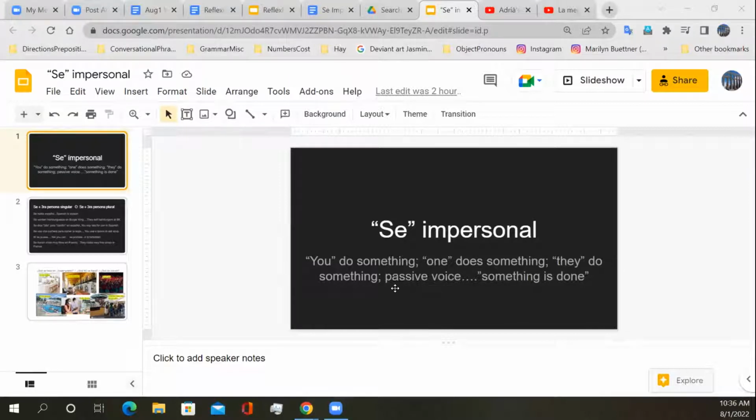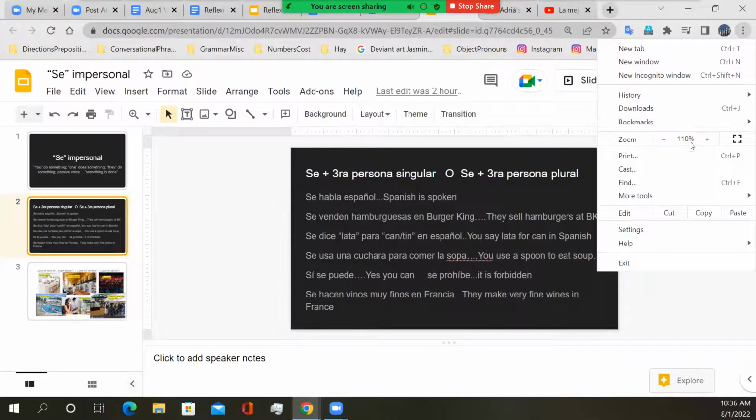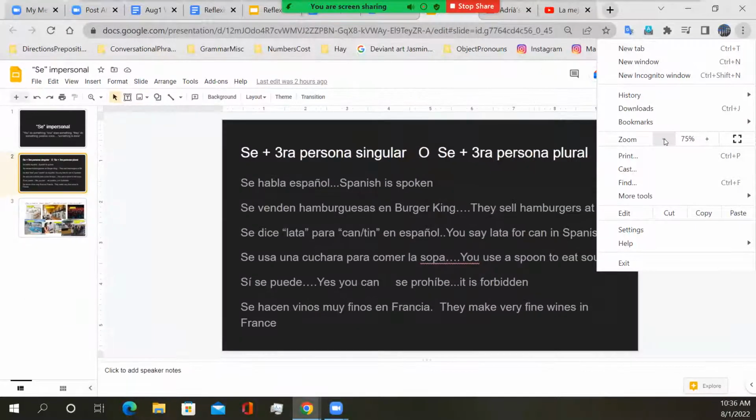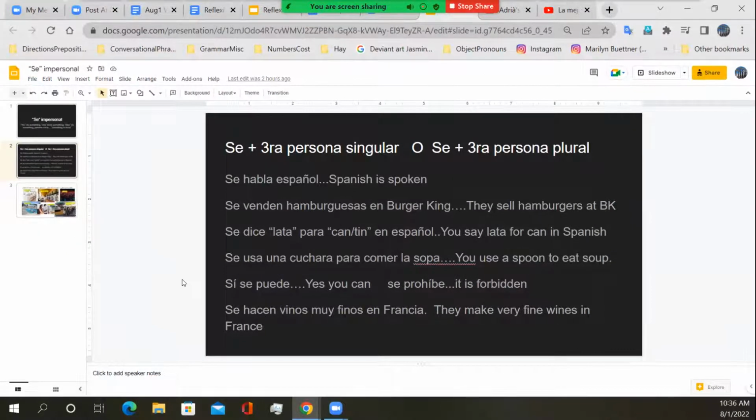So that's passive voice. Okay. But how do we use it? The important thing, lo más importante es saber cómo se usa. We don't care so much about the grammar behind it. We do care that you can actually use it to express an idea. Se with third person singular or se with third person plural.